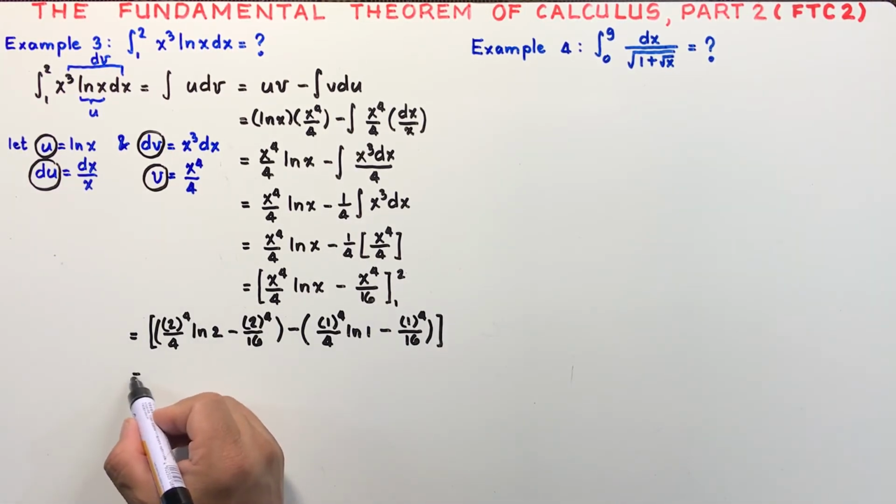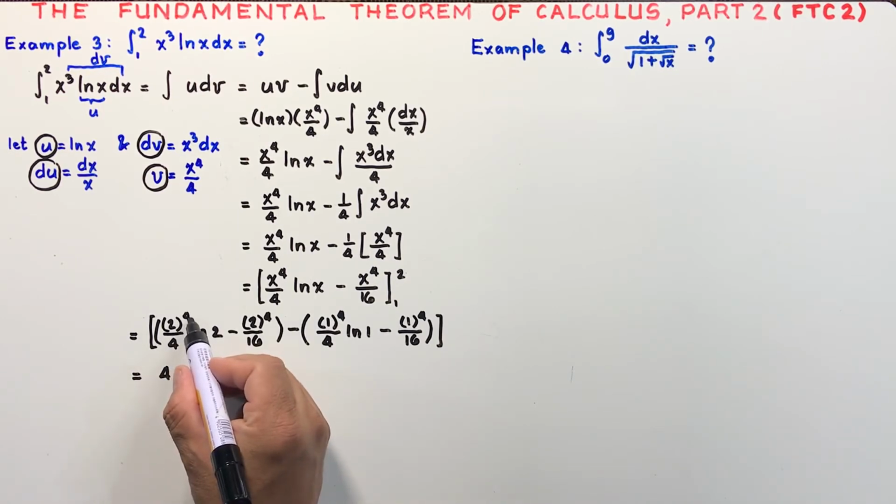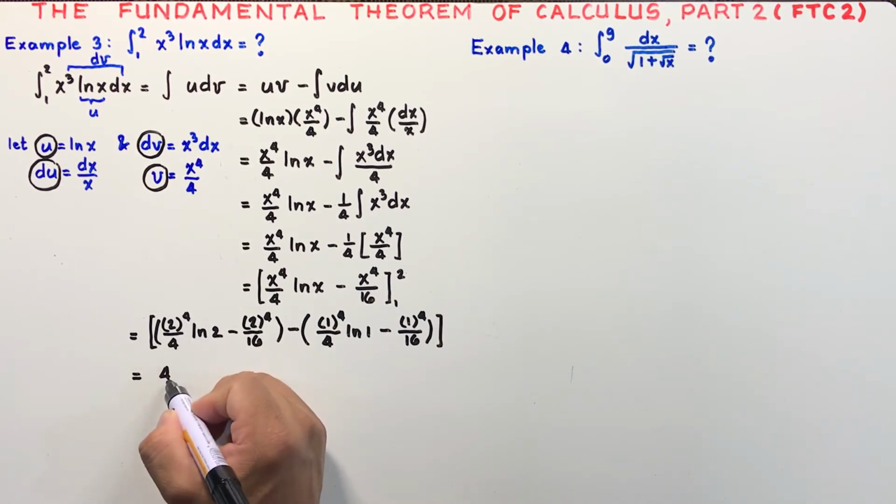So we have 4 because 2 to the power 4 is 16 and 16 divided by 4 is 4.